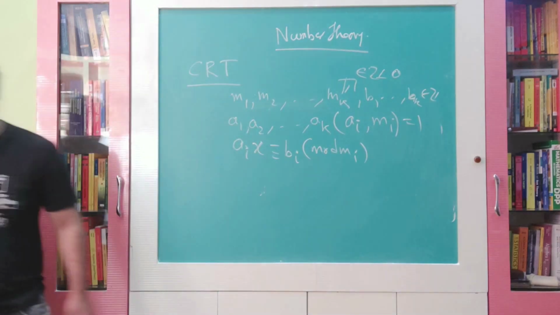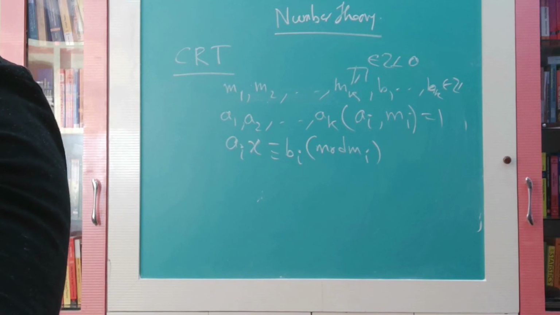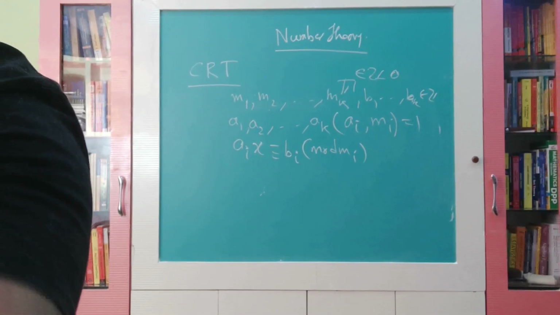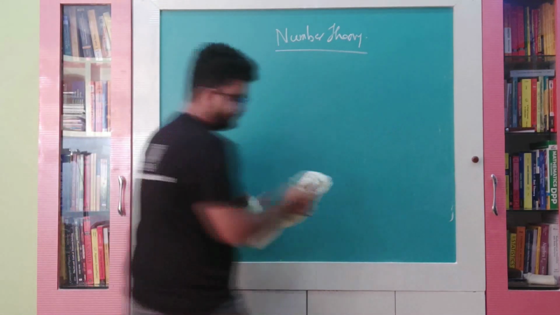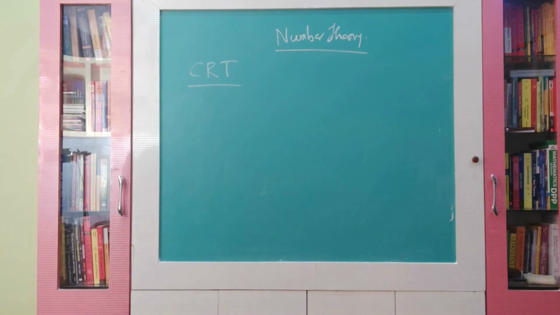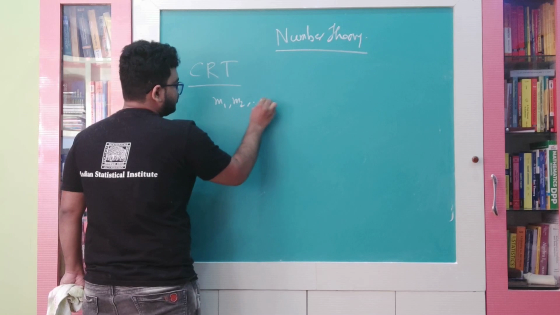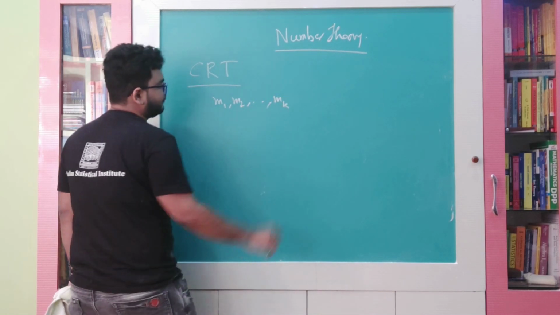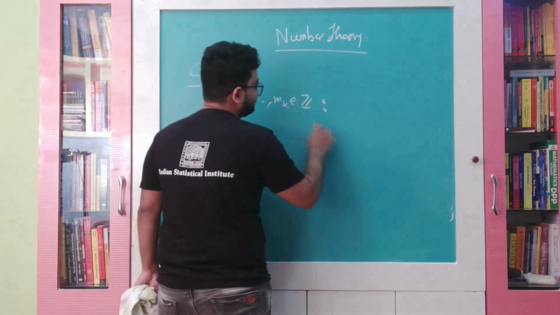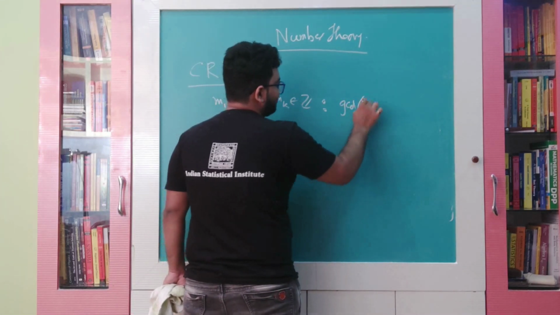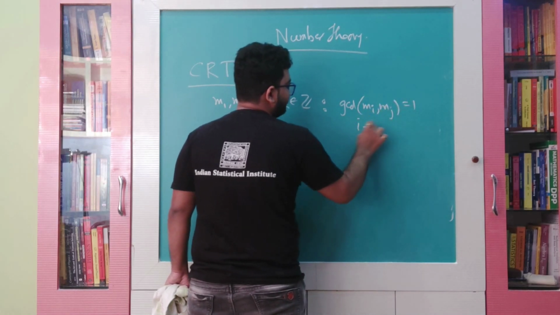Okay, let me write it clearly. M1, M2, Mk belong to the integers such that gcd of Mi and Mj equals 1 for i not equal to j.